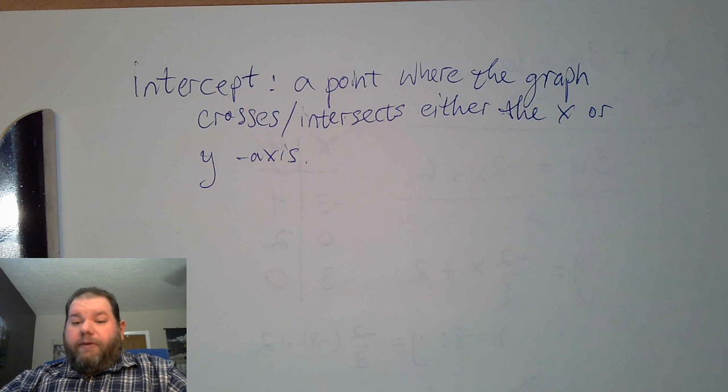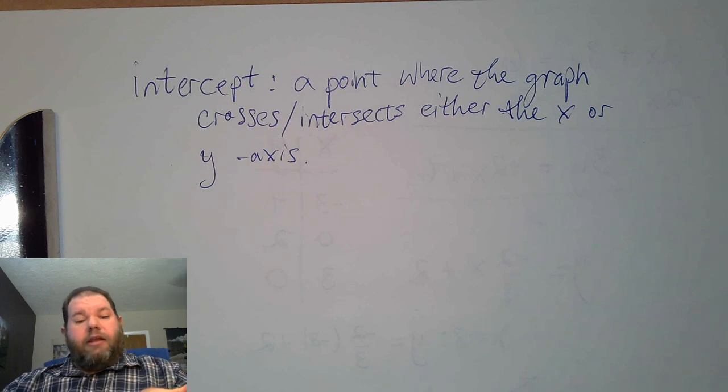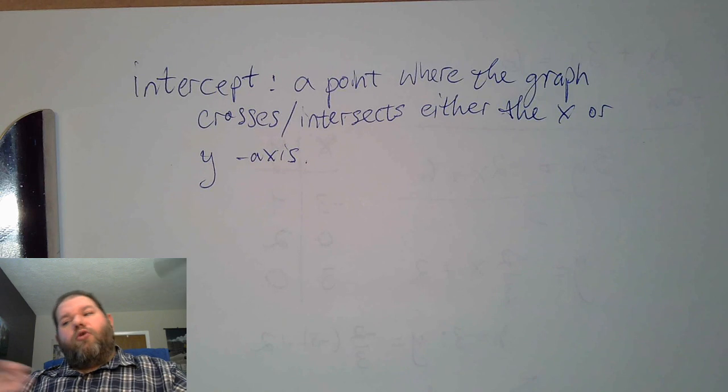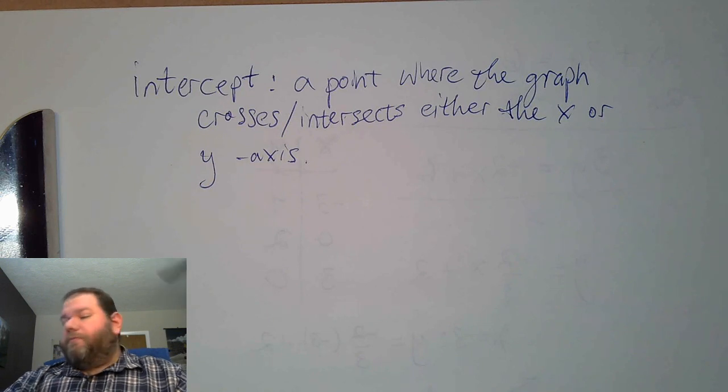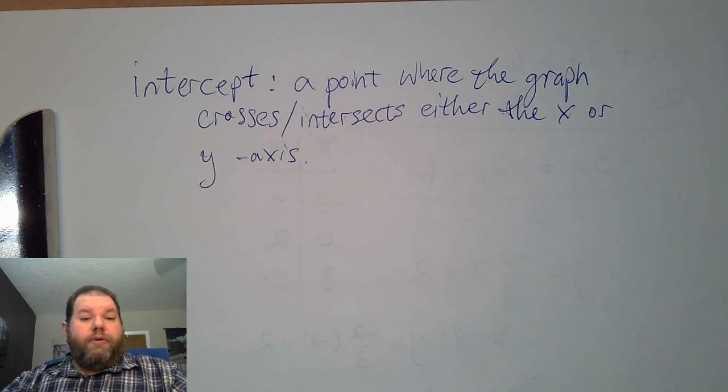Now, we specifically refer to them as the x-intercept and the y-intercept. We can separate them as x-intercepts, where it crosses the x-axis, or y-intercepts, where it crosses the y-axis, or we collectively call them intercepts altogether. So there are different ways to name those things.